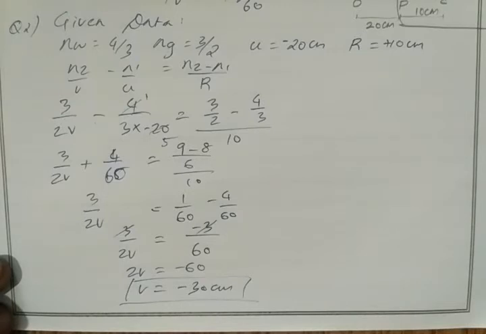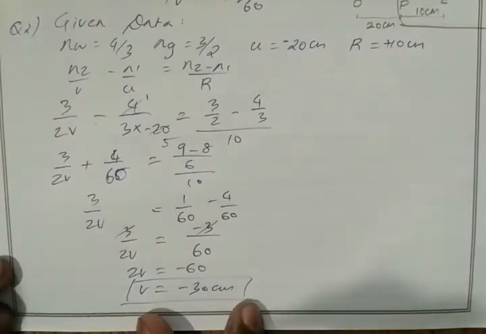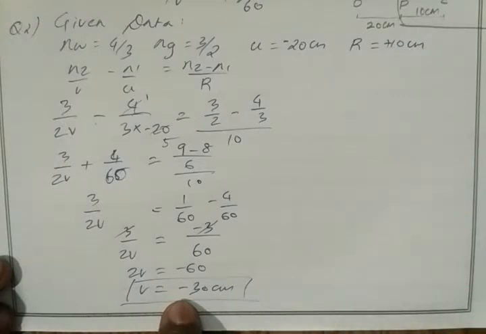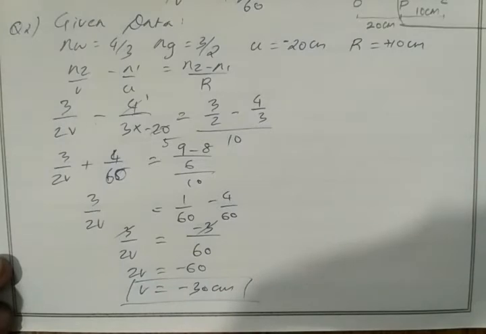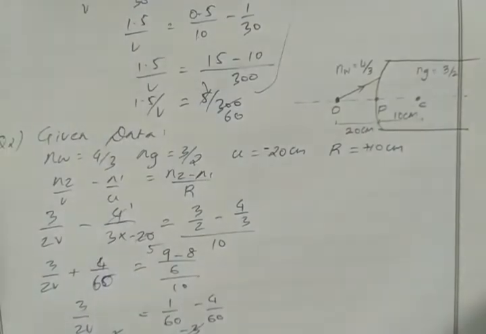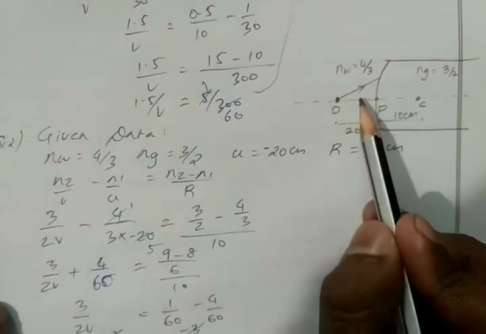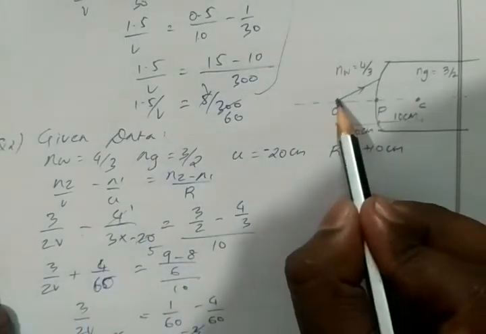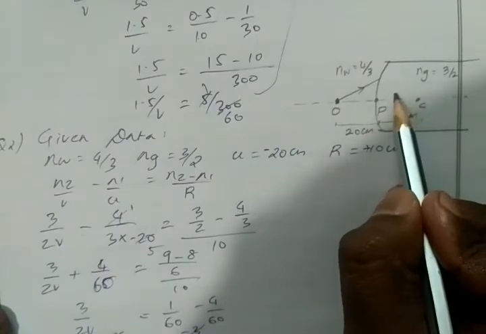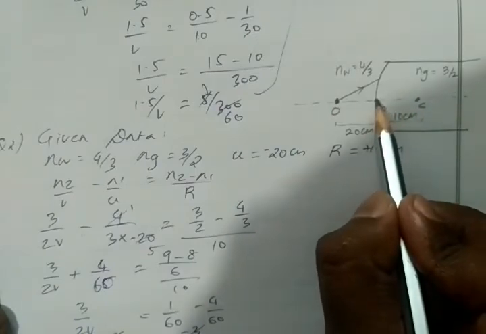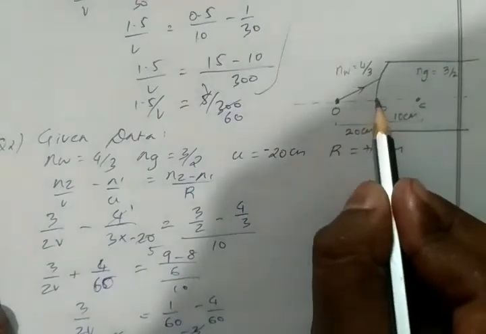Now we have to find whether it is real or virtual, because it is asked the nature of image. So this is the position of image, or image distance. Image distance value we have negative here, minus 30. Minus 30 means the direction is opposite to the incident ray. The incident ray is from left to right, so our image is on the right to left side.